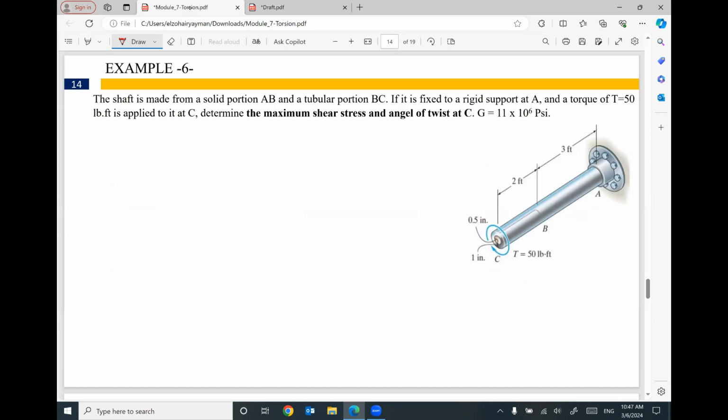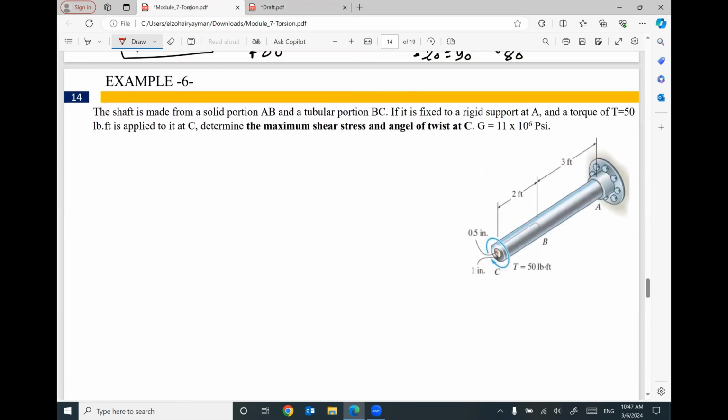In the second example, we have another shaft under the effect of an applied torque equal 50 pound-foot, only one torque. However, the shaft will be divided into 2 parts, CB and BA. Why? Because we have 2 different cross sections.